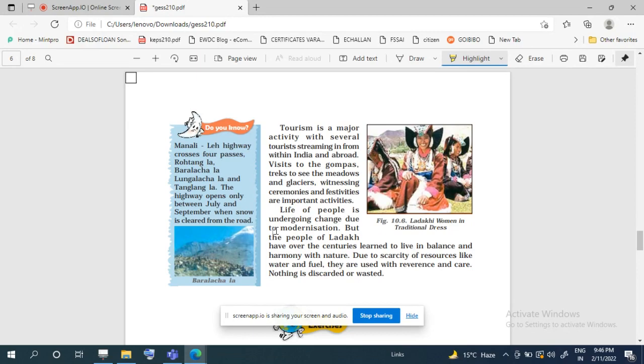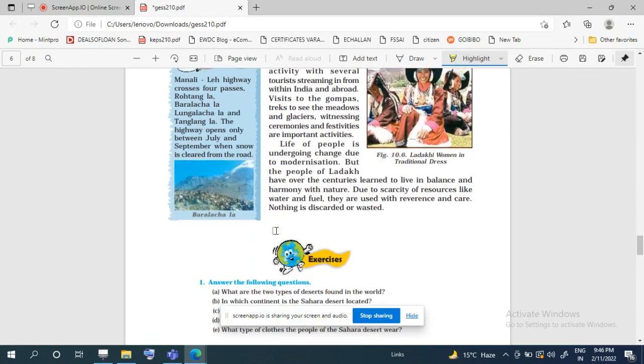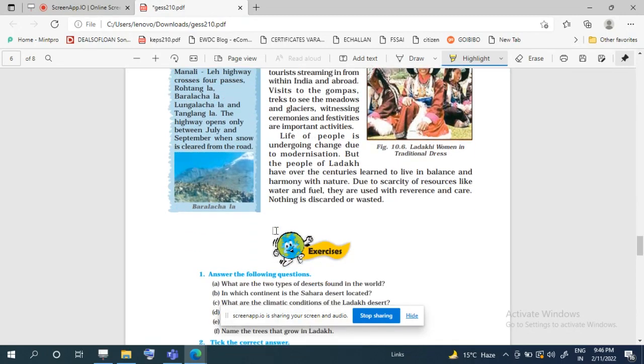But here also we find that the life of the people is undergoing change. Why? Because of modernization. People of Ladakh have over the centuries learned to live in balance and harmony with nature. They are living in harmony with nature, and that is why they are able to survive there in this harsh climatic condition also.